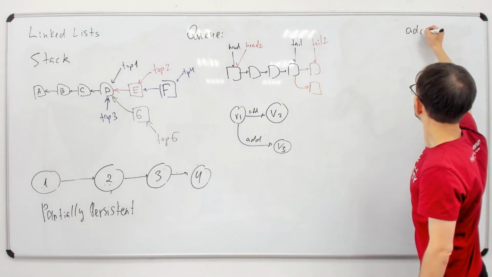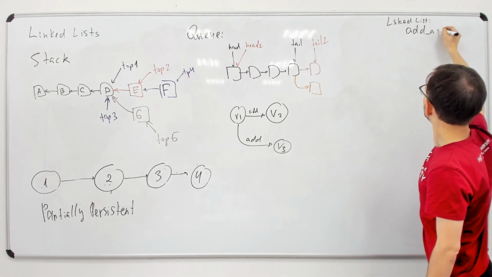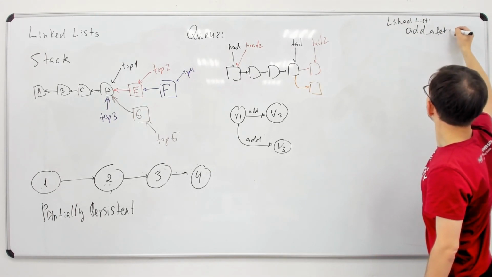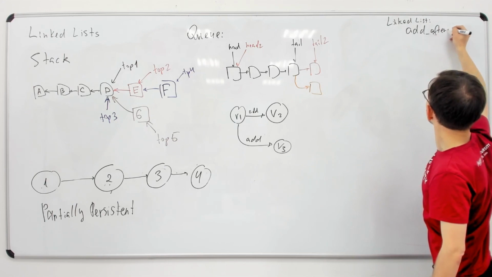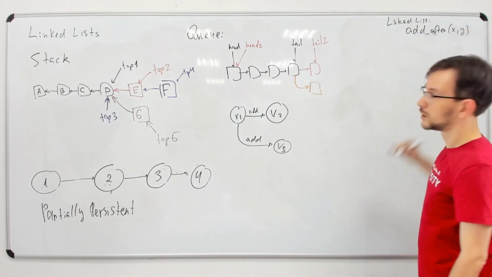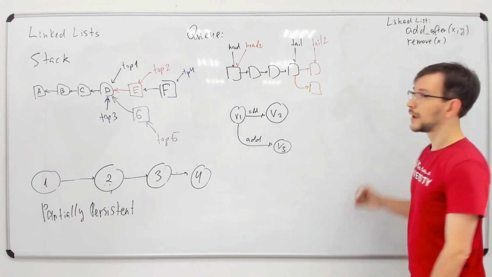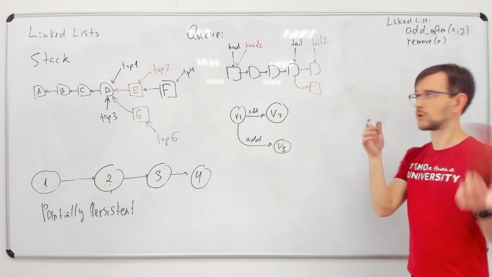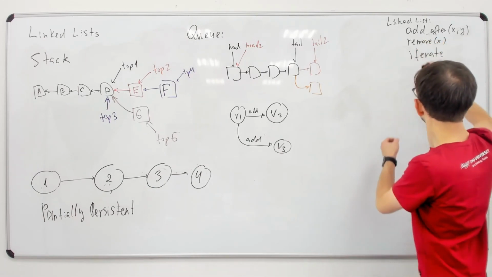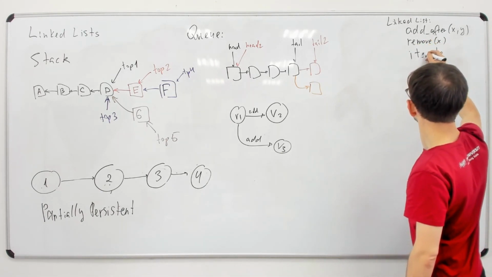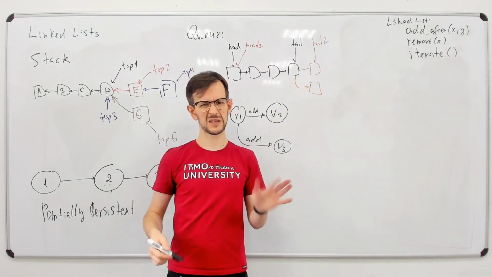We will add element, let's say add after, we will remove element, and let's say we have iterate over all elements. The iterate will just iterate all elements of the list.